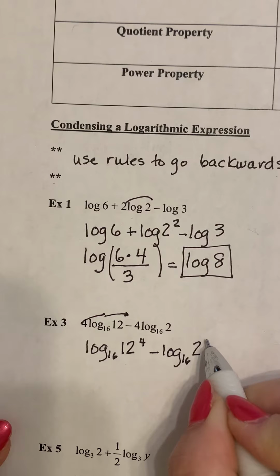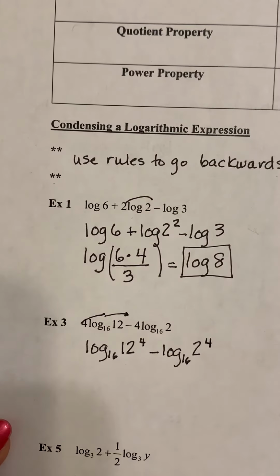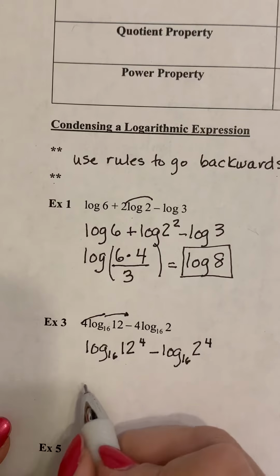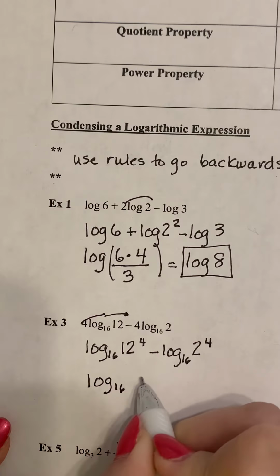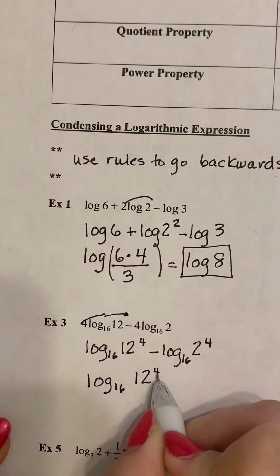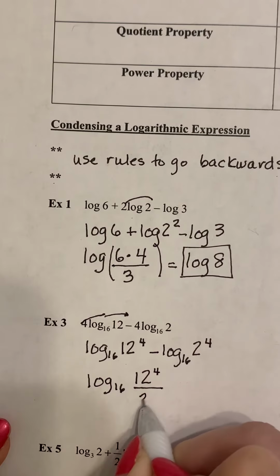2 to the 4th. That then becomes a log base 16 of 12 to the 4th divided by 2 to the 4th.